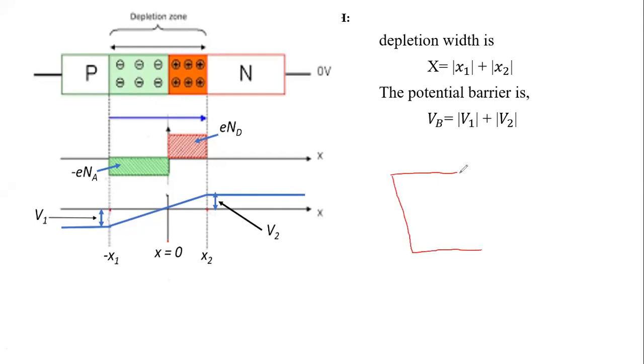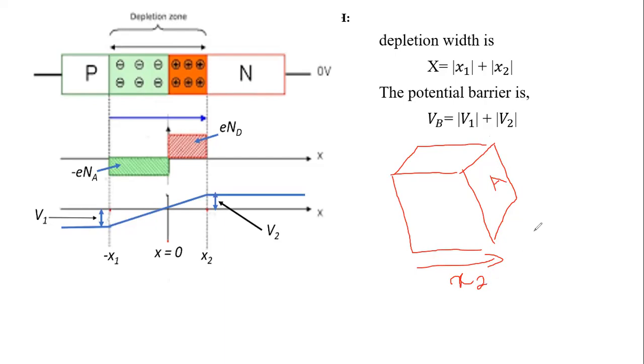If you want to find out the volume, A is the cross-sectional area, and this length is your x2 in the depletion region of the n side.